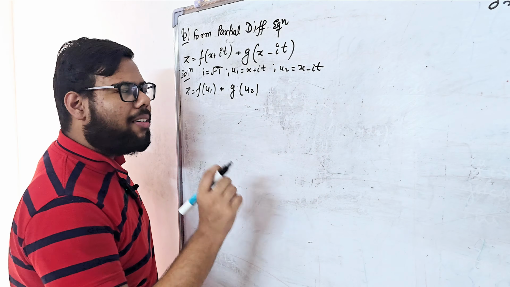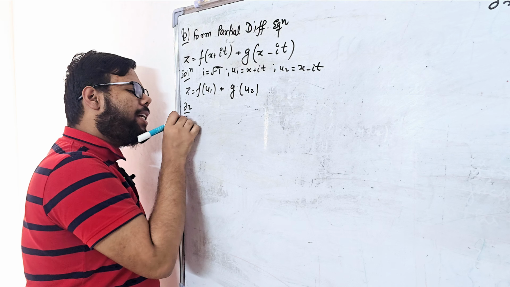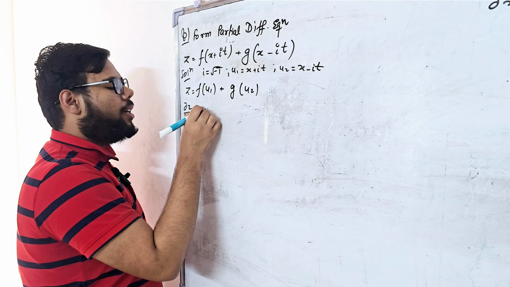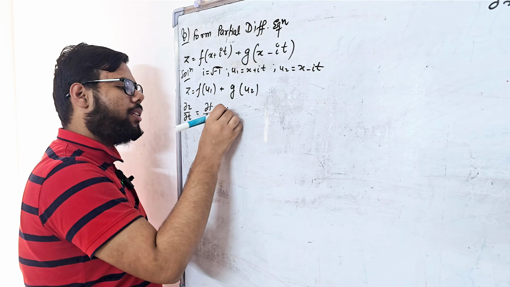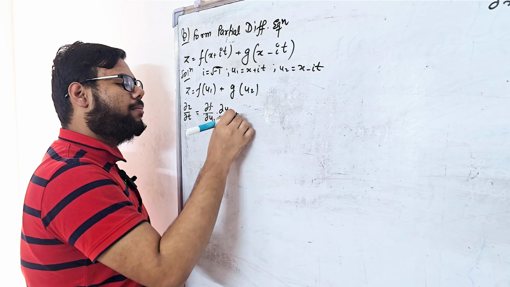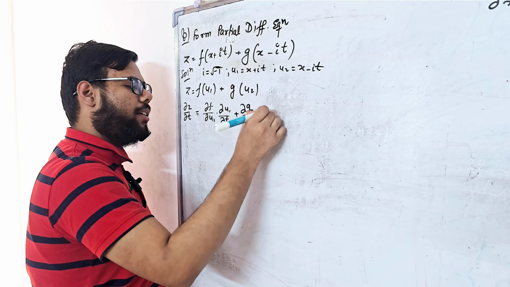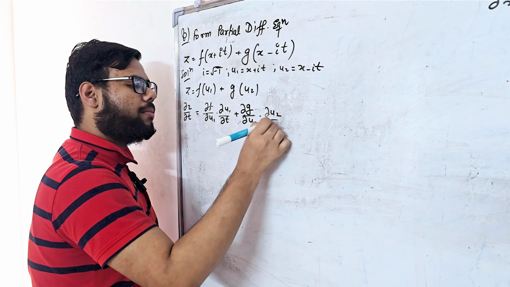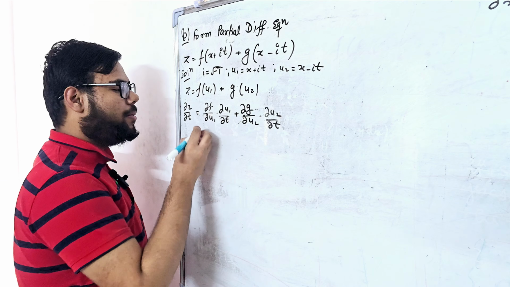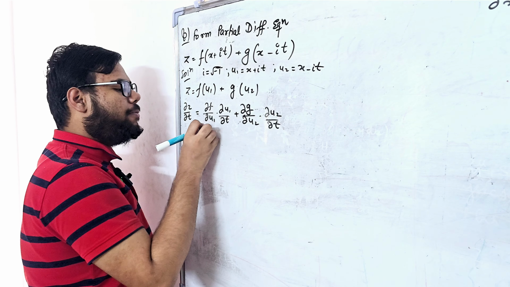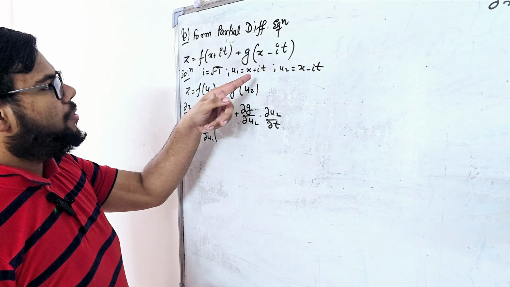Okay. Now let's differentiate it with respect to t. So del z by del t is equal to del f by del u1, correct? Just check it once. Yeah, it is correct. Simple. So del f by del u1 is as it is. What's the derivative over here?